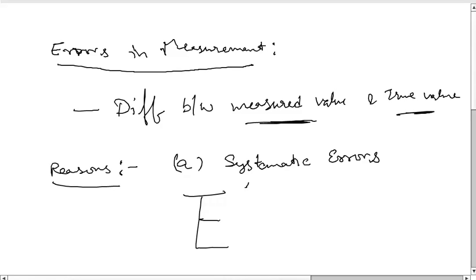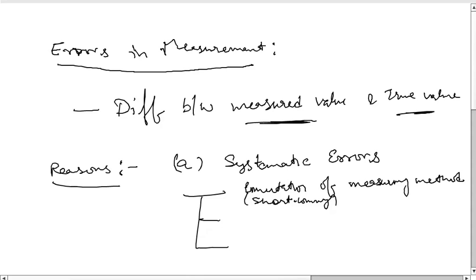You can write limitation, or we can say shortcoming, of your measuring method. The second reason might be imperfection of the theory.